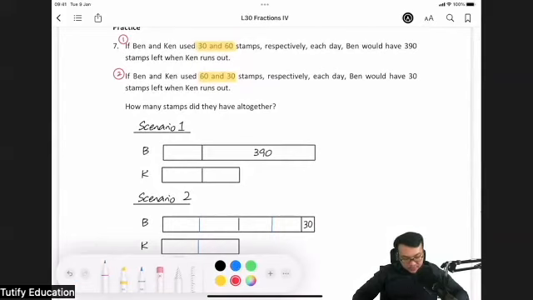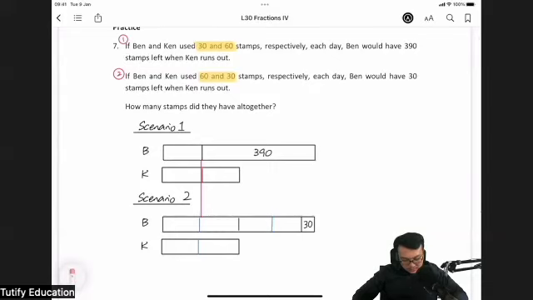If we were to draw some red lines just to compare, can you tell me how many units are there here? 3 units, right? 3 units is 390 minus 30.